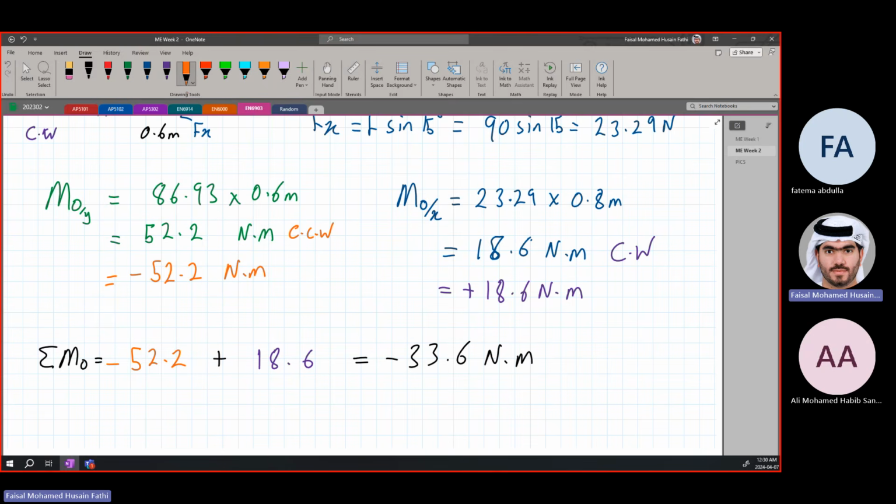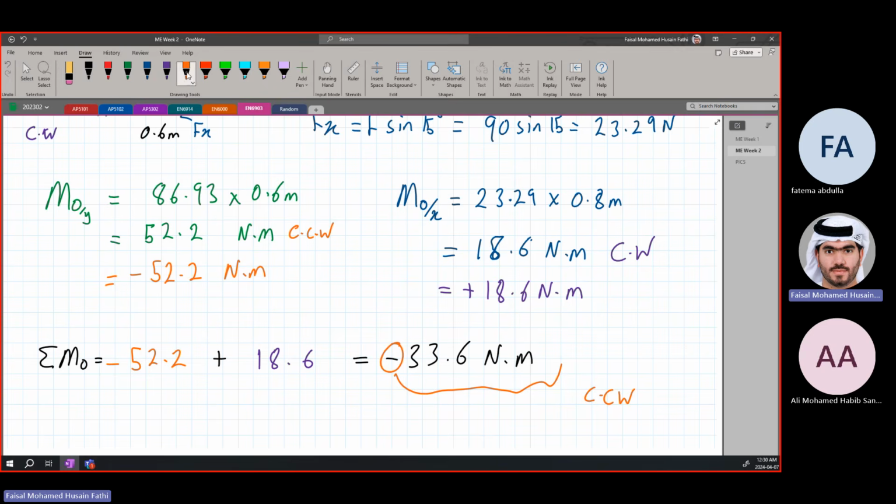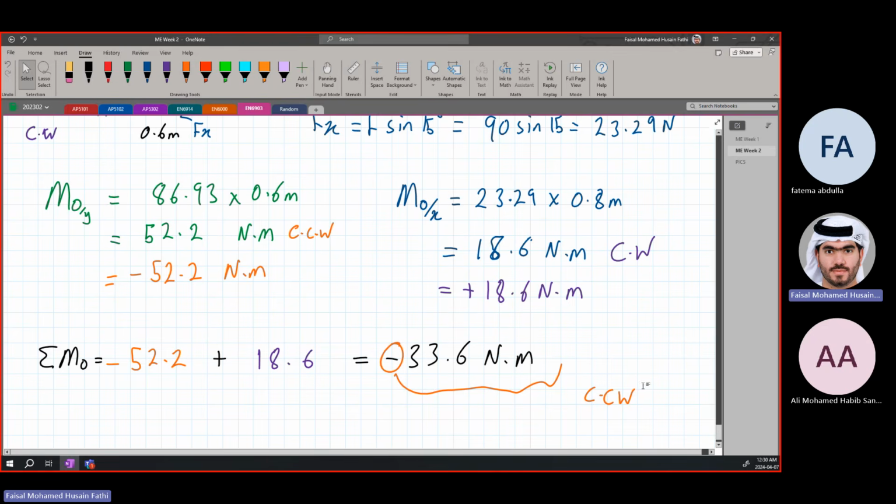What does the minus indicate? The minus indicates that this is a counterclockwise moment. So the direction is counterclockwise, or anti-clockwise, whichever you want to write, both are correct.